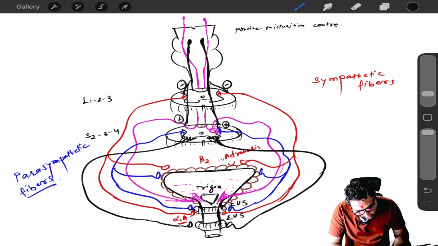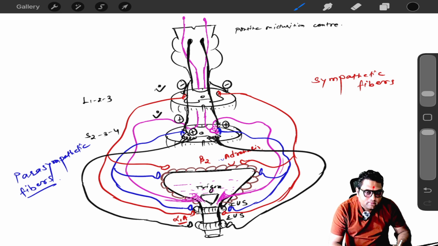The descending fibers coming off from the pontine micturition center inhibit sympathetic fibers, stimulate parasympathetic fibers, and they also stimulate somatic fibers.